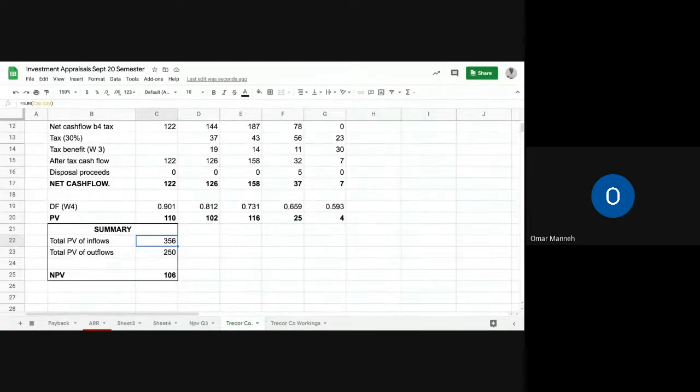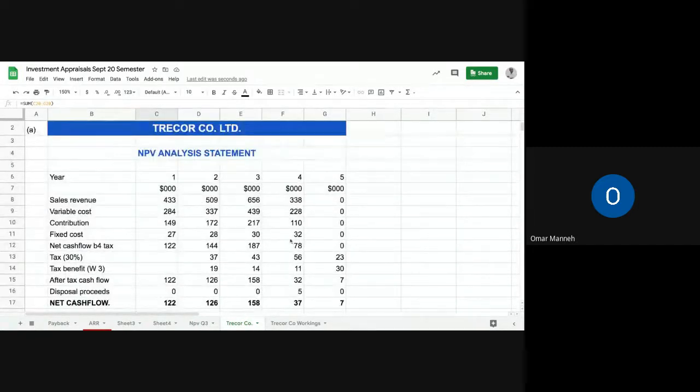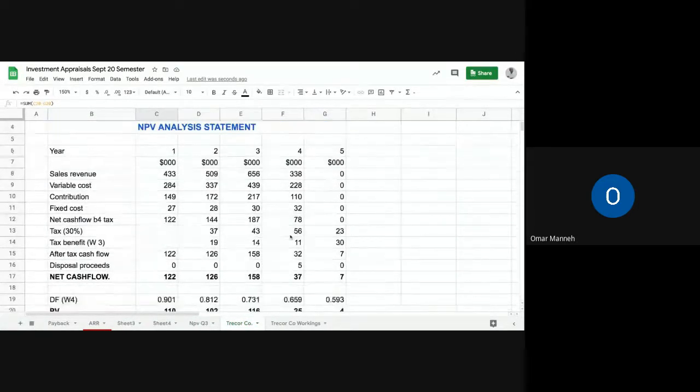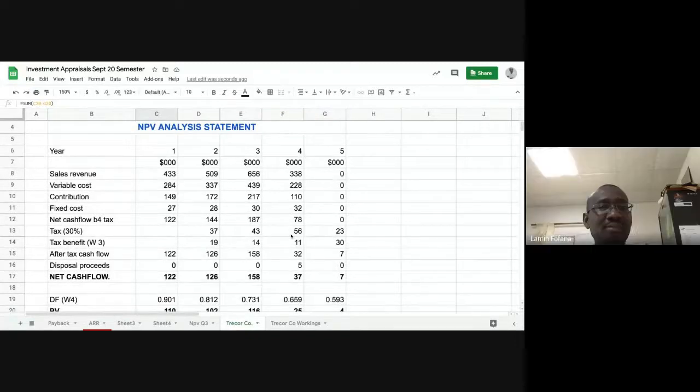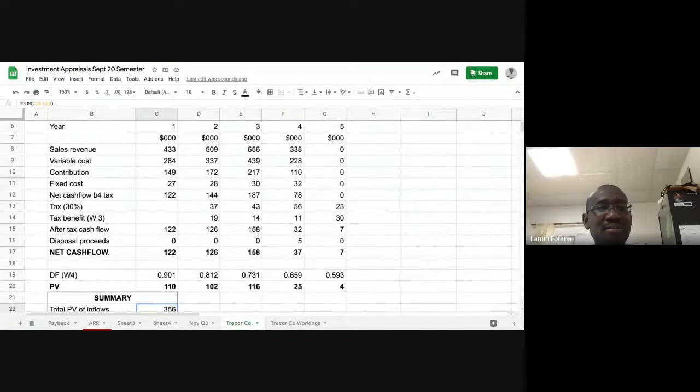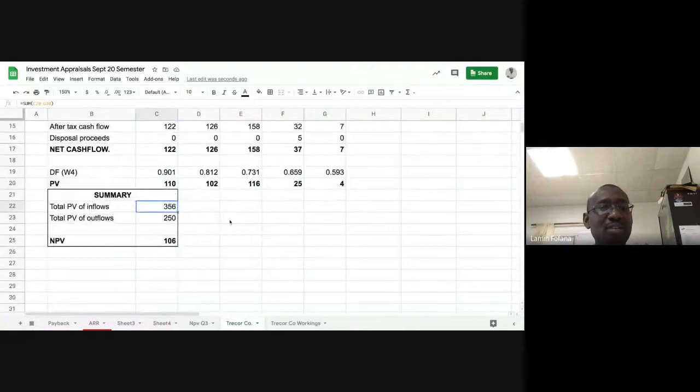The variable cost also was a cash outflow, but it was not considered. Okay, good. I understand your point. Your problem is there were some outflows that were already part of here. Good observation. But they have been deducted.